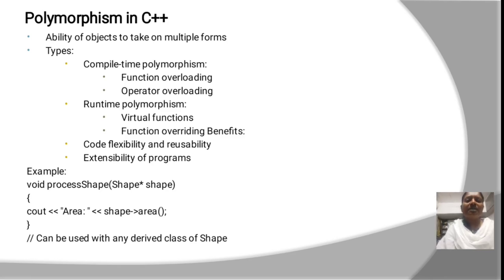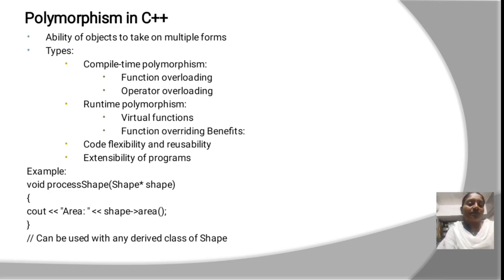Next one is polymorphism. In C++, it is the ability of an object to take on multiple forms. Compile time polymorphism includes function overloading and operator overloading. Runtime polymorphism has two types: the first one is virtual functions, the second one is function overriding.